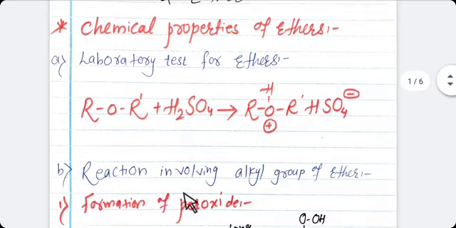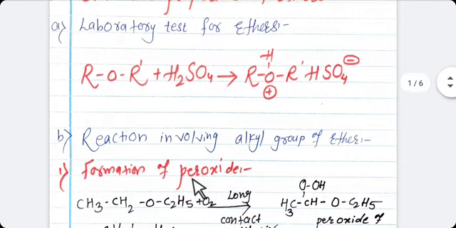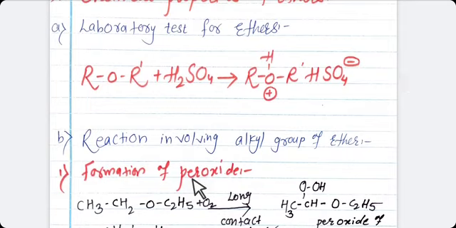The second point is the reaction involving alkyl group of ether. The first reaction in this is formation of peroxide. Ether combines with atmospheric oxygen to form peroxide.